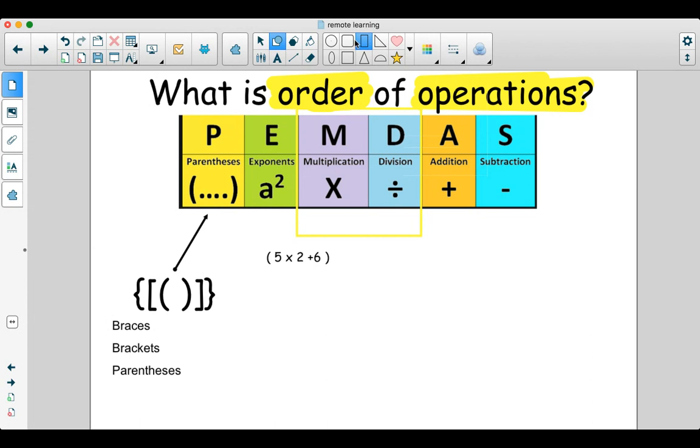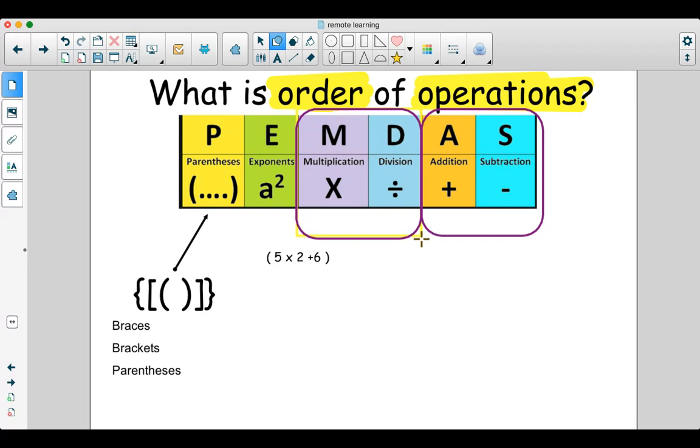What does that mean? That means when you have addition and subtraction, or multiplication and division, they work together. So you solve from left to right. Let me show you what that means.